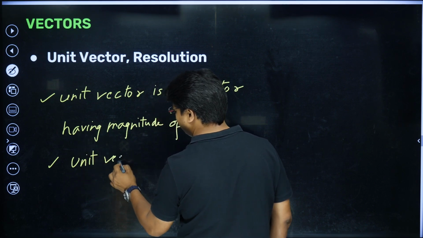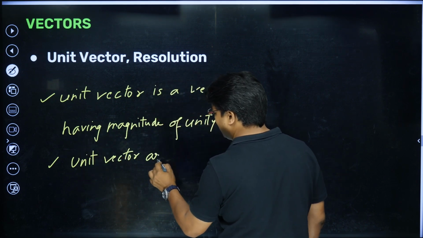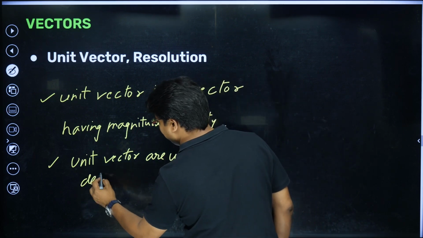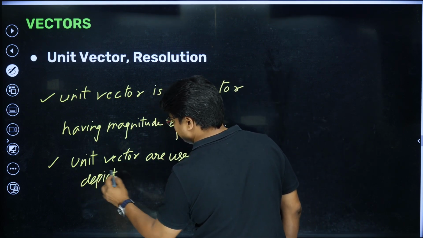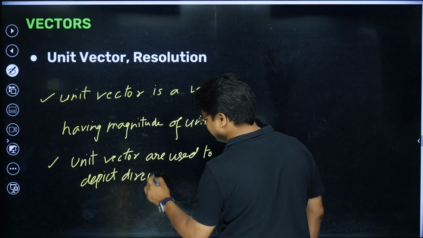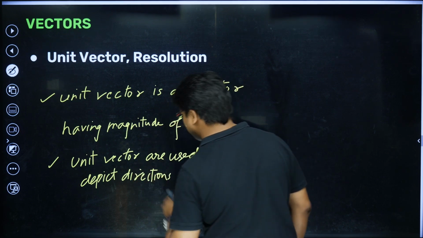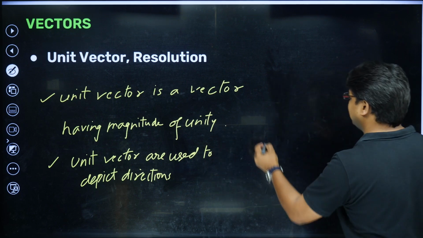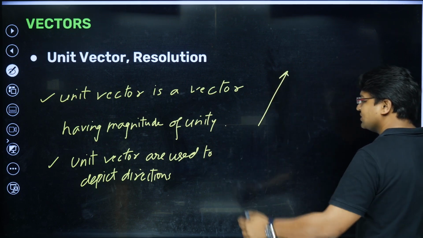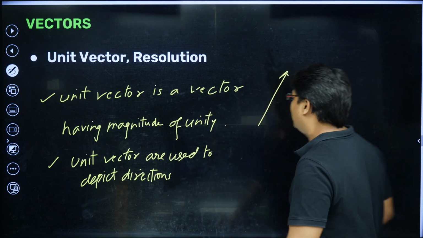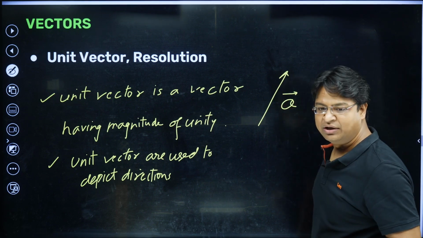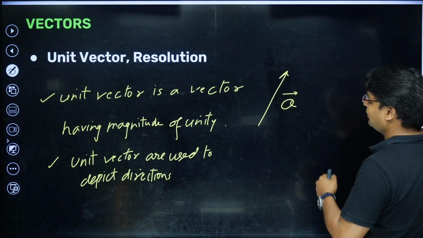Okay, and we use unit vectors to depict directions. Let's say if this is a vector and if this is a unit vector, normally we represent a vector by this notation, where we put an arrow over the symbol that represents the vector.